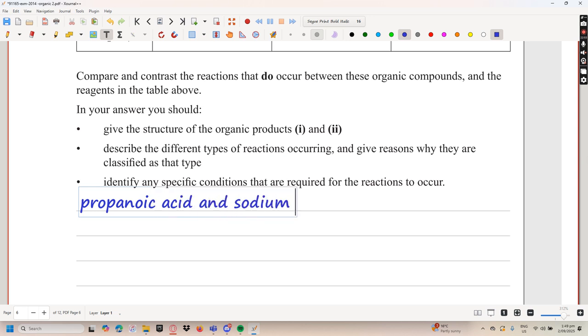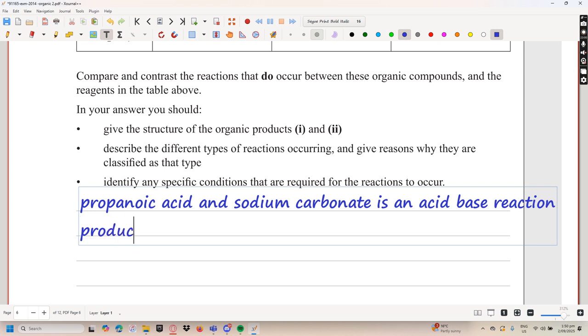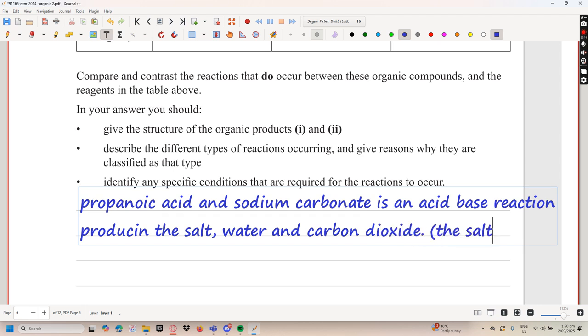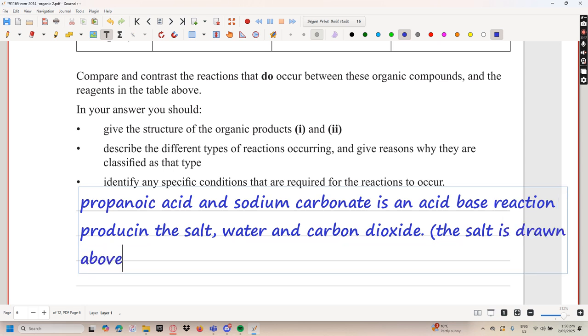And sodium carbonate is an acid-base reaction producing the salt, water, and carbon dioxide. And then the salt is drawn above.